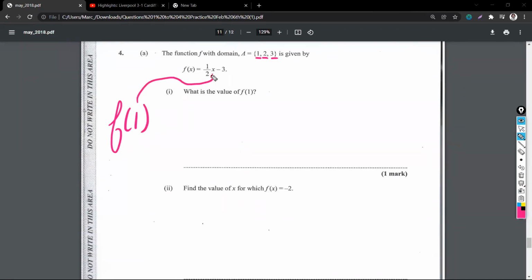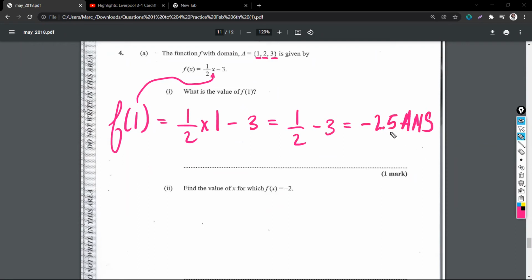You put the 1 where the x is, and you're going to get f of 1 is equal to a half times 1 minus 3, and you're going to get a half minus 3, which is minus 2.5, and that's the answer. Make sense? Very easy, 1 mark.